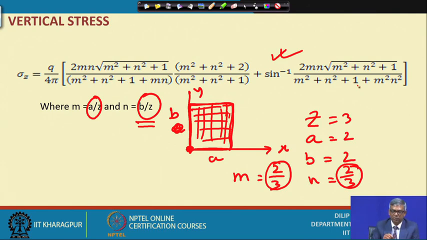Though it is applicable for the corner, this formula in several combinations can be used to apply to different foundation shapes or at different foundation locations. How this will be done, I will show in the next slide.